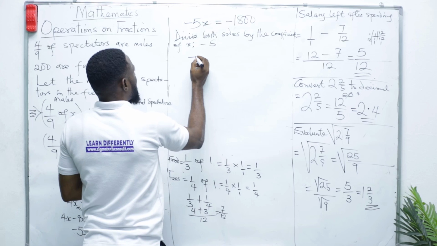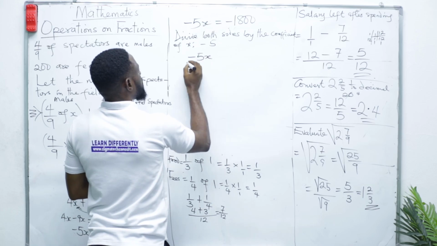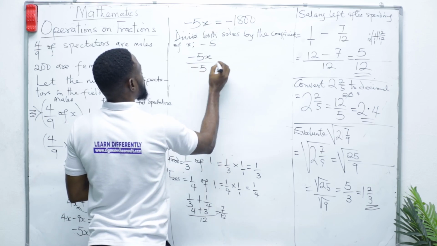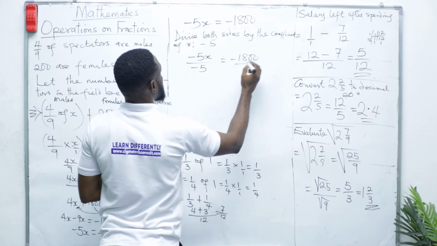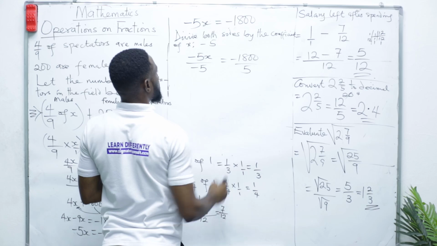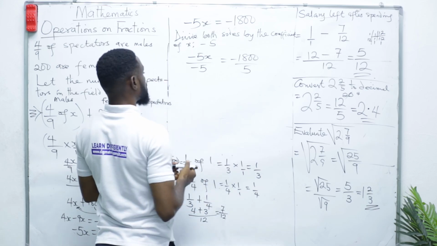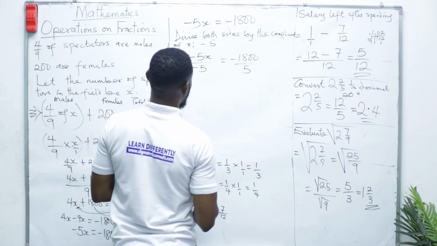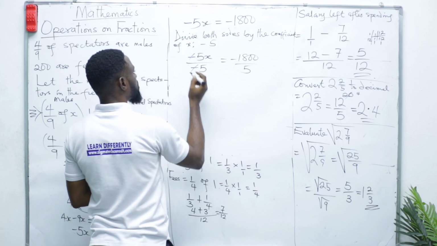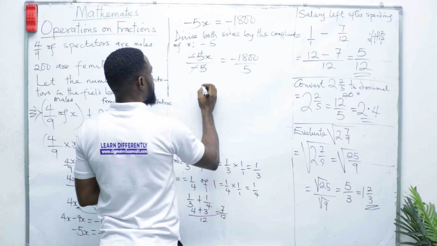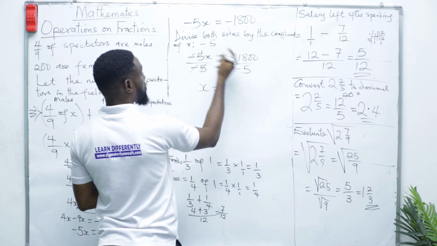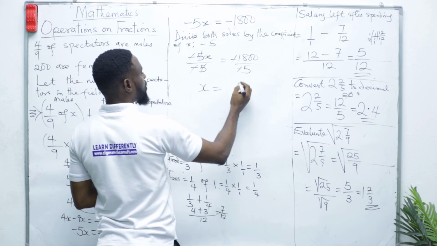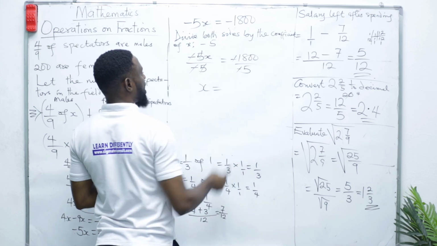So we have minus 5x divided by minus 5 is equal to minus 1,800 divided by minus 5. Is that okay now? Okay, so minus will cancel minus, 5 will cancel 5, and we'll have x left alone. The minus will cancel the minus, so we'll have 1,800 divided by 5.